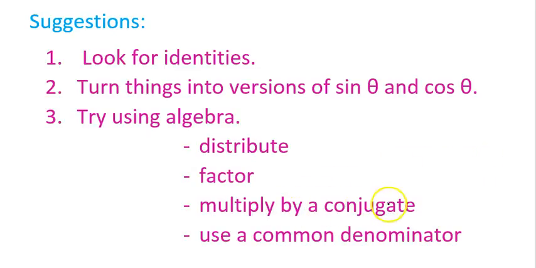You can multiply by a conjugate if that helps. So like the conjugate of 1 plus sine would be 1 minus sine. And then sometimes you might need to get two fractions together using a common denominator. That's why, again, we went over how to simplify fractions at the beginning of the year.